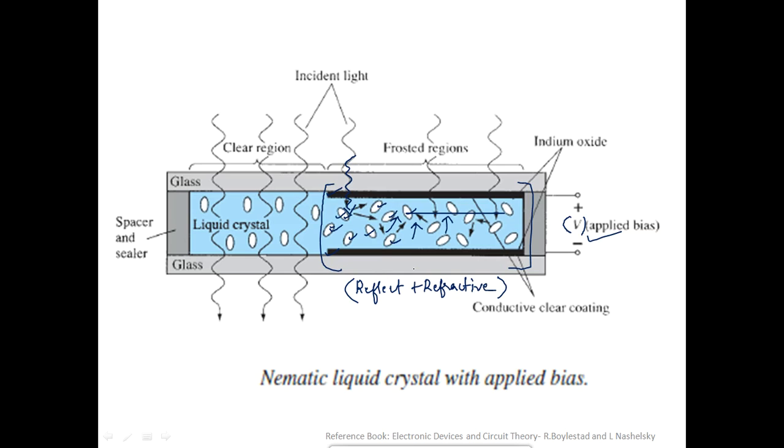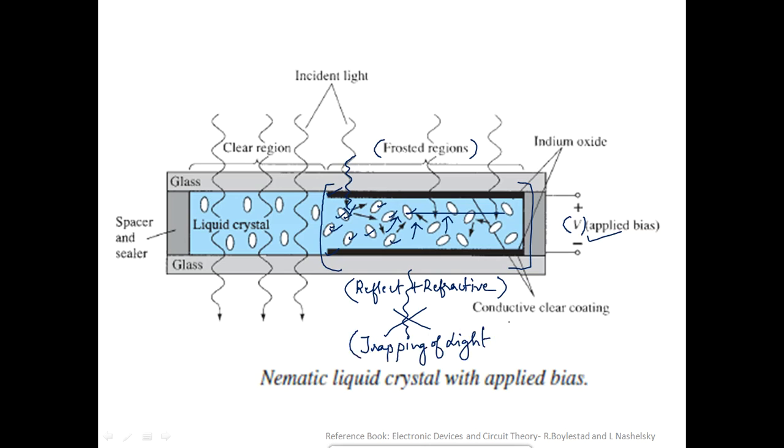Light never crosses this region. To put it in other words, this region is called the frosted region. What does frosted mean? Trapped. And what gets trapped here? Light gets trapped for a moment of time, for a short period of time. So call it trapping of light.